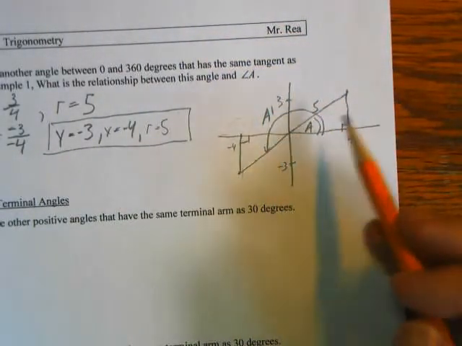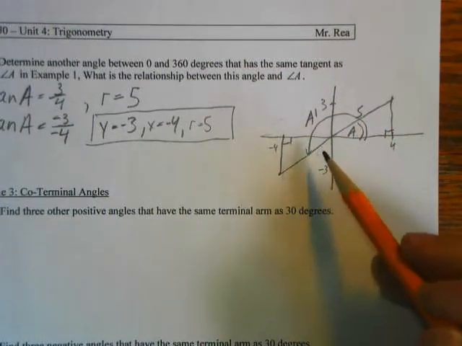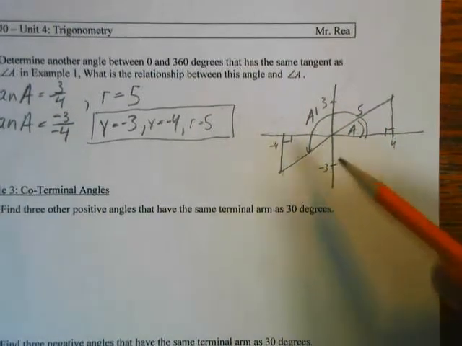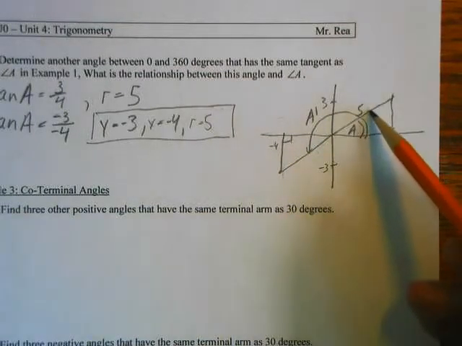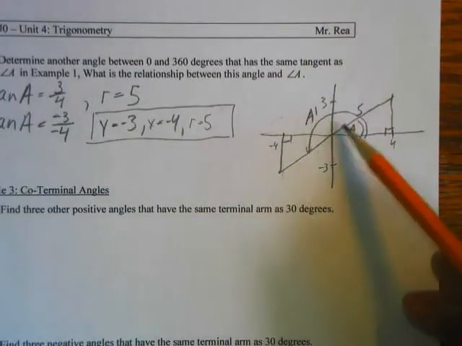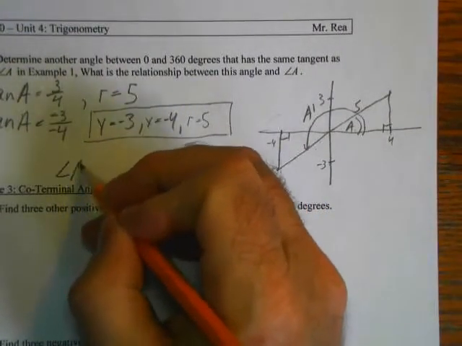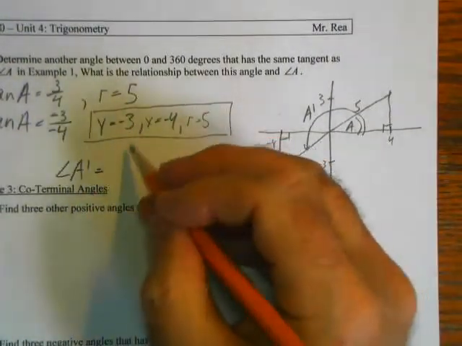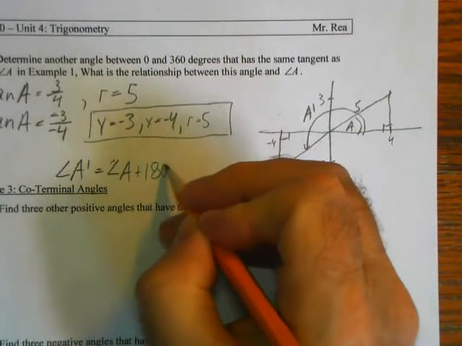And you can see this is the nice one because the second angle for the tan ratio is always a difference of 180 degrees. It's directly across the grid, so we always just add 180 to get the second one. So angle A prime will be, let's just do the formula, angle A plus 180 degrees.